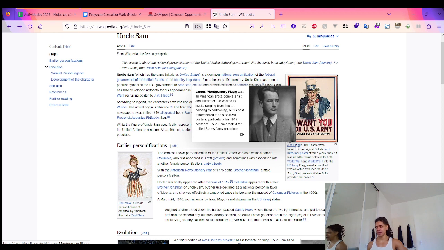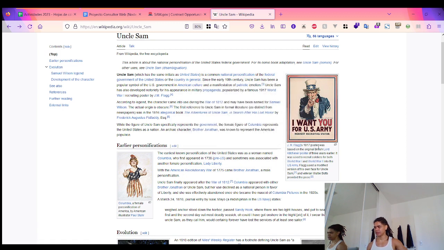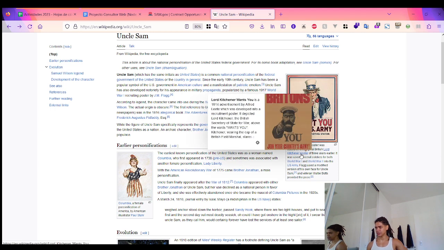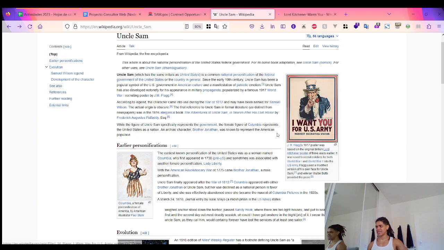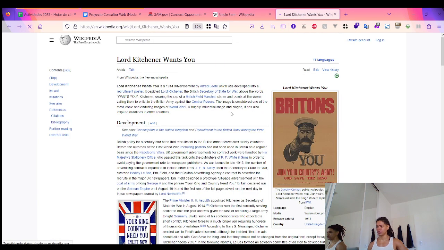It is very powerful how he created this image of Uncle Sam. The poster was based on the original British Lord Kitchener poster, and it is based on recruitment, but by the British.